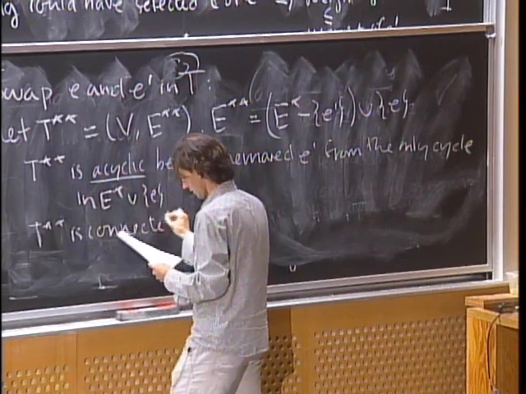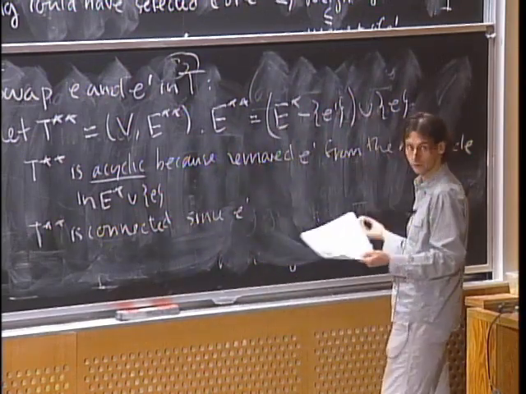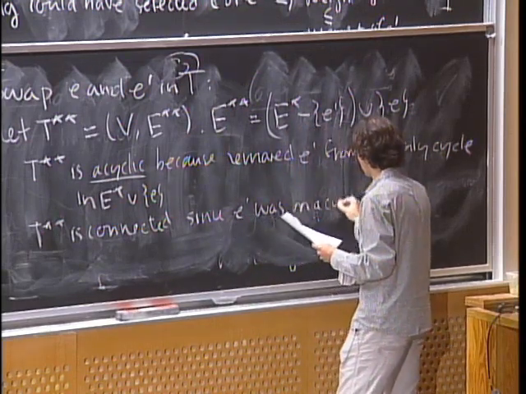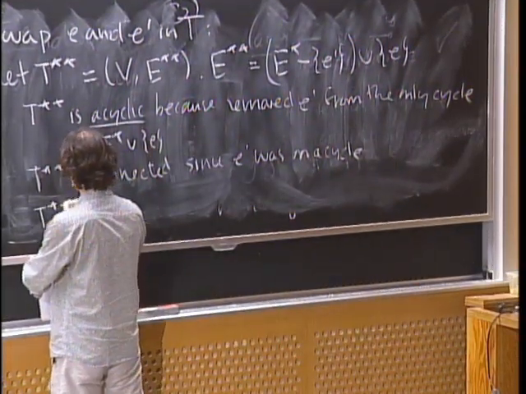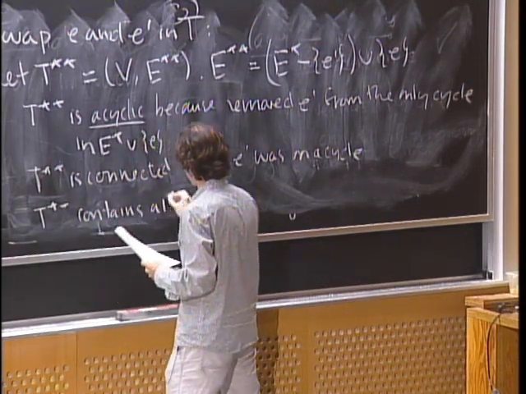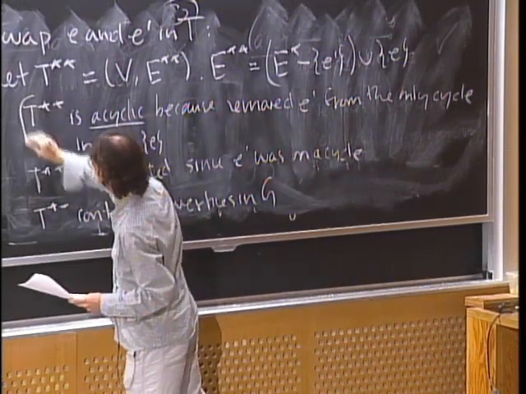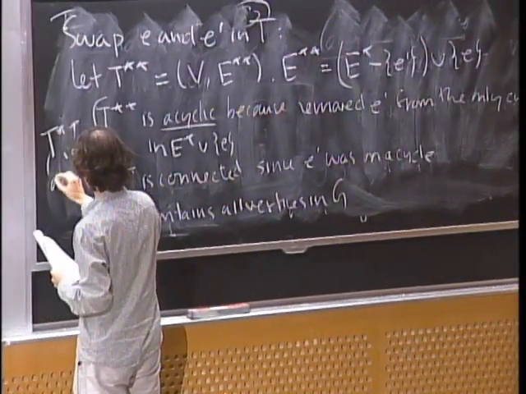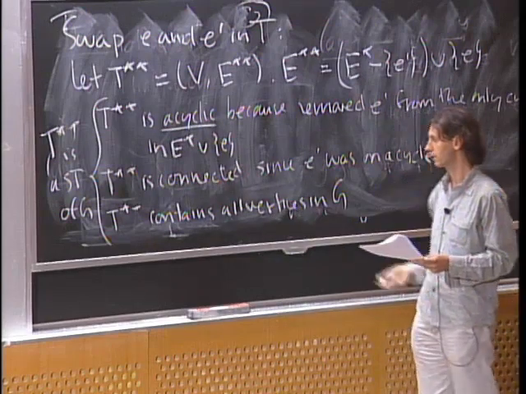And why is that? Well, since E prime is removed, but it was on a cycle, so it remains connected. And finally, we also know that T double star actually contains all the vertices in G. So all these three together will prove to us that T double star is a spanning tree of G, because it's acyclic, connected, and contains all the vertices.